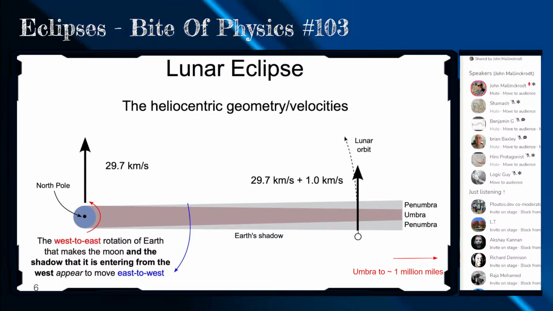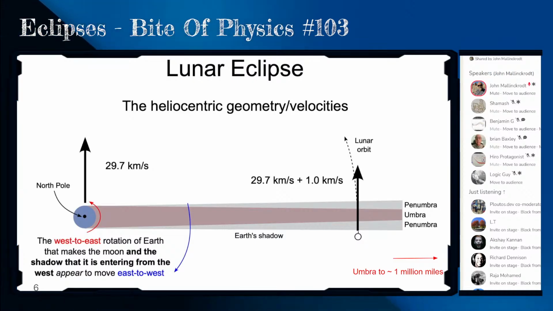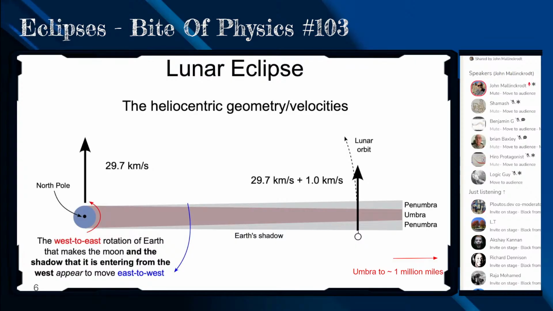And that means that from the reference frame of the Earth, you're seeing this lunar eclipse moving westward, even though if you think about what the Earth looks like from its downward point of view, it's rotating west to east, and it's doing that so fast that it makes the moon and the shadow of the Earth look like they are moving east to west.